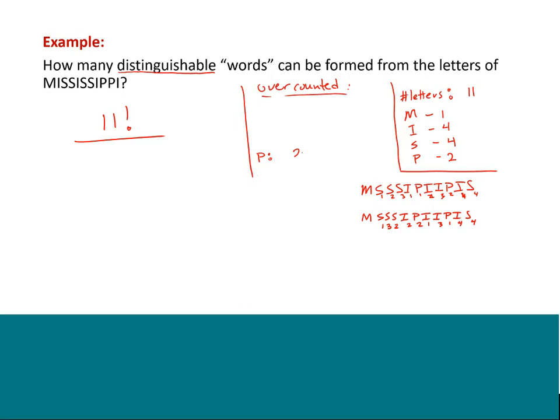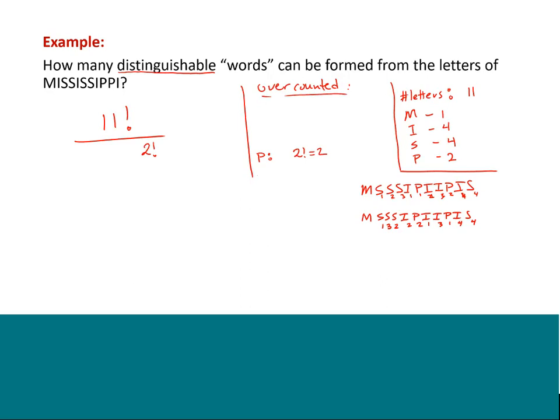And I'm going to go ahead and actually write it as 2 factorial, and we'll see why here in just a second. Okay? Now, that's with respect to P. If you've overcounted by something, you always divide out by how much you've overcounted. So what we're going to do is divide out our 11 factorial by that copy of 2. And I actually wrote it as a 2 factorial, and again, we'll see why the 2 factorial in just a second.